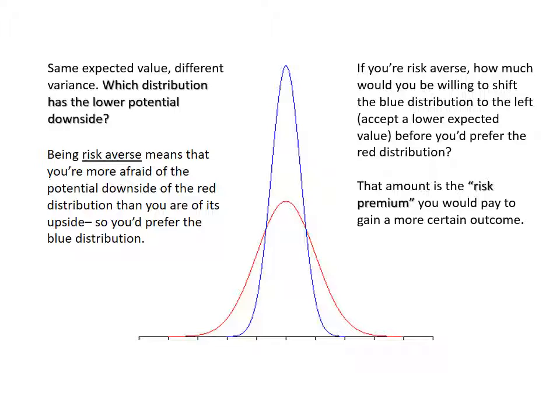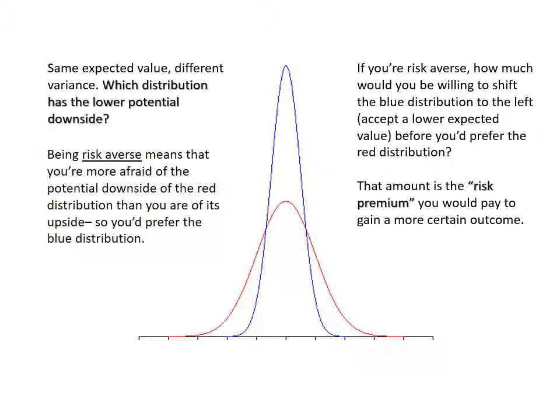So if we're thinking about things in terms of traditional decision analysis in which we're maximizing the expected value, we wouldn't be able to discern any difference between these two choices, but they're clearly different, right?